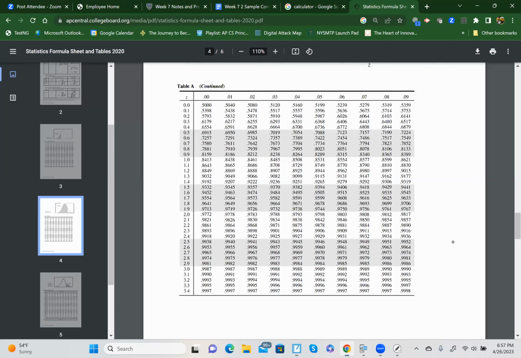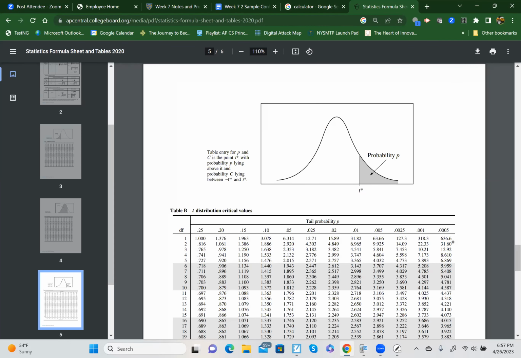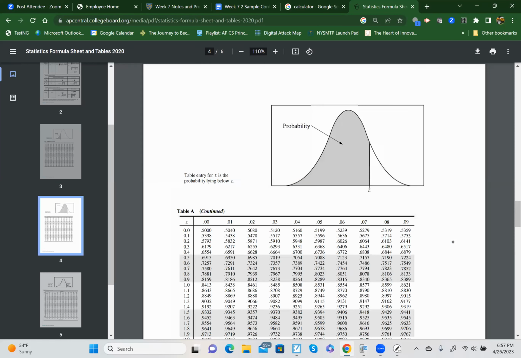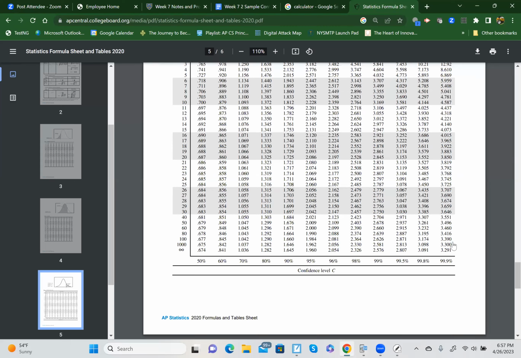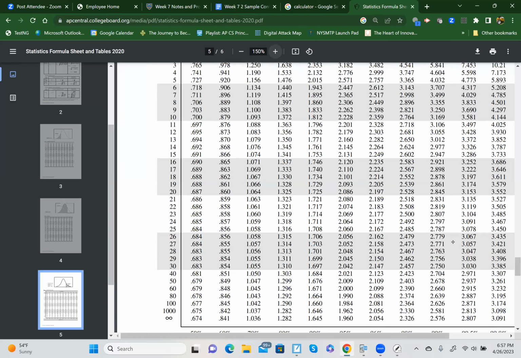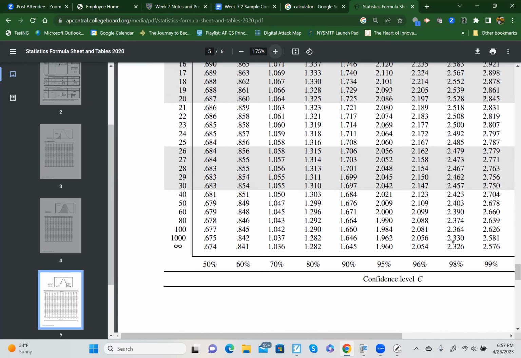Well, there's something called a T-chart. So I'll put this link into Canvas for you for later. But the last chart, these two charts, that's a normal chart, that's a normal chart, and the last chart's called a T-chart. And if you look carefully at the bottom, you're going to see the number 95%.